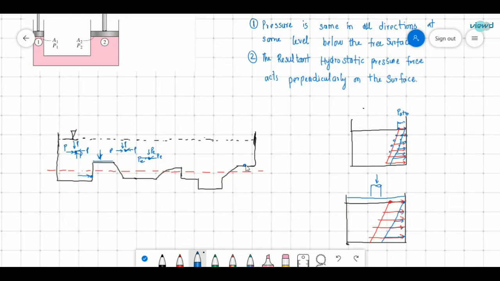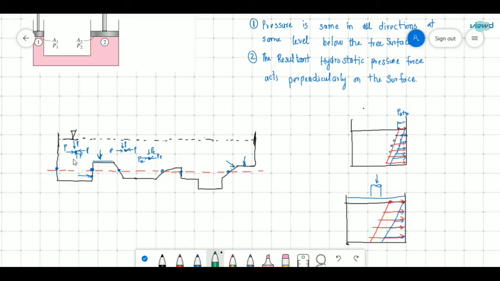If we consider this point here, it will be in this way. Combining the first and the second points, we can get this. So the points at the same level, this one, this, and this, are points at the same level. The pressure should be acting the same at all these points.